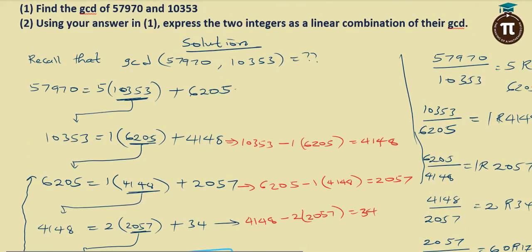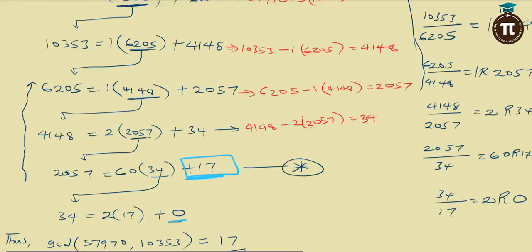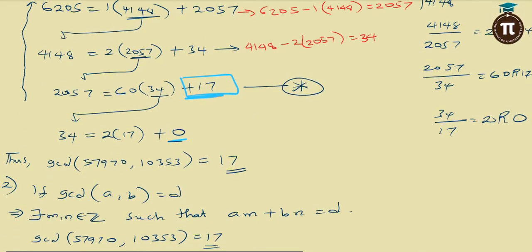Then I have come to the last one. This is 57970 minus 5 multiplied by 10353 is equal to 6205. Now we will start from down and go up. So I have already written this one.